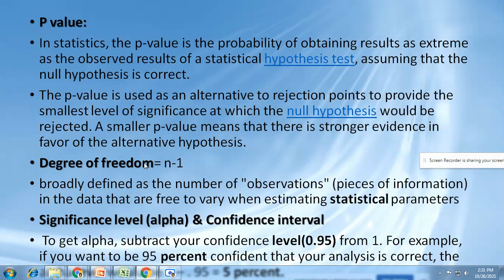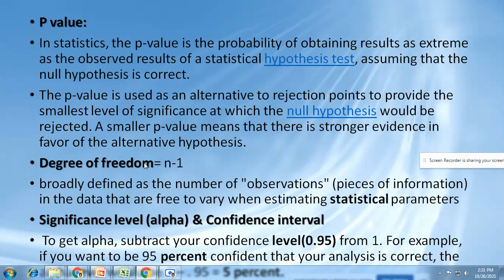Okay, whenever we see the bell curve, I will tell you that the confidence interval we always tend to define at 95%. Whenever a researcher is asked what is your confidence interval, the researcher says that my confidence interval is 95%. That means there are 5% chances of errors happening, and 95% is my confidence interval or confidence level.